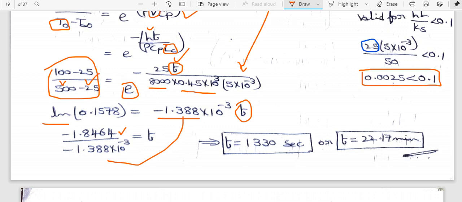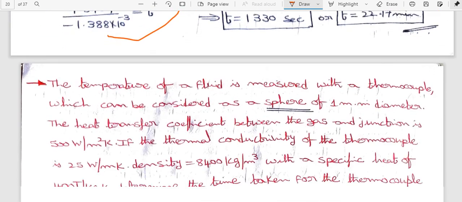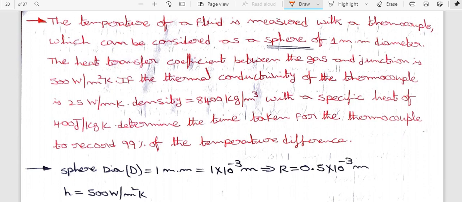This is the solution for the given problem. Next question: the temperature of a fluid is measured with a thermocouple which can be considered as a sphere. So here the component is a sphere of 1 mm diameter.